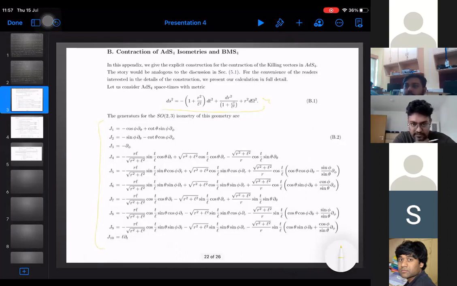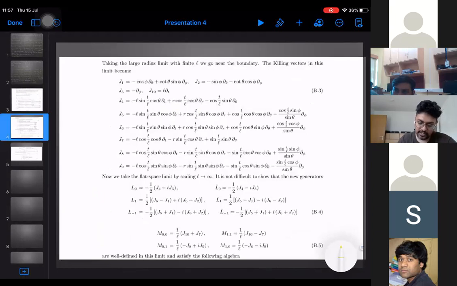It is more complicated stuff. As you go up, it will go on increasing; you have more stuff over here. So start off, for example, from this, and then again do the same thing that you have done for the BMS3 limit.